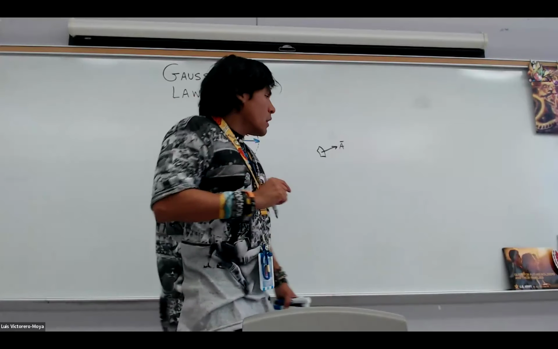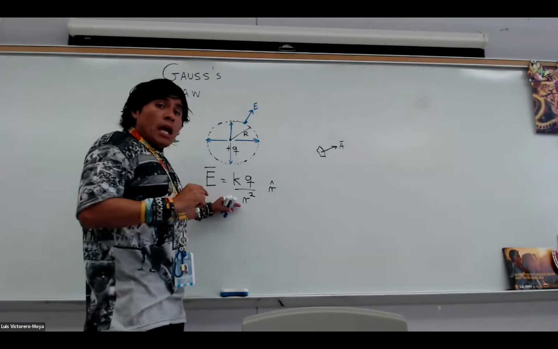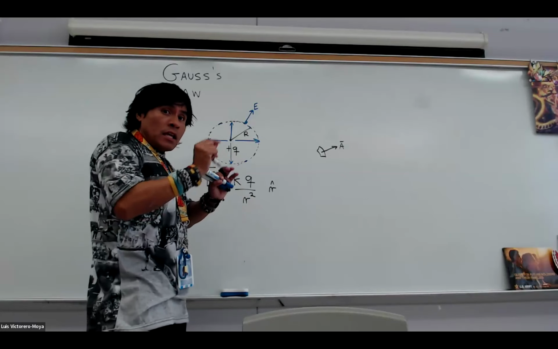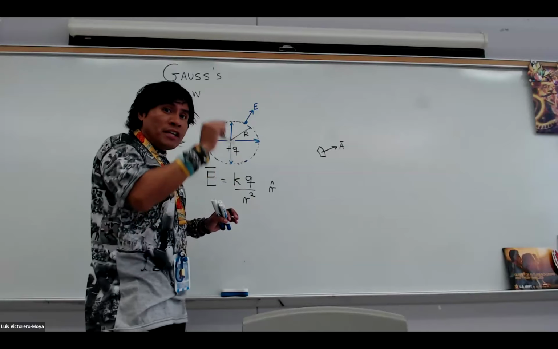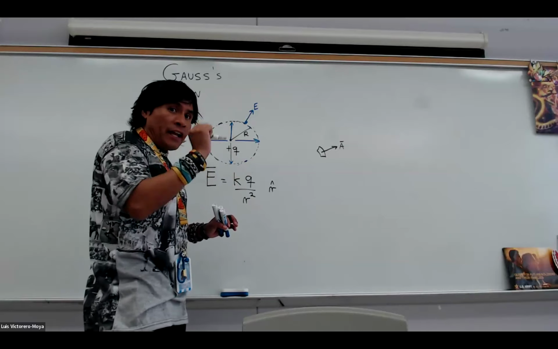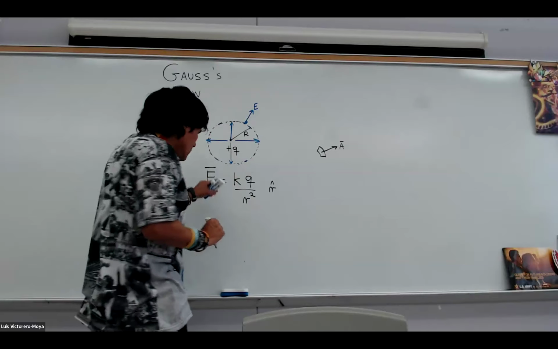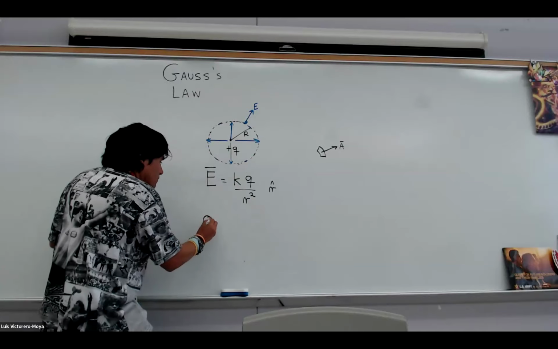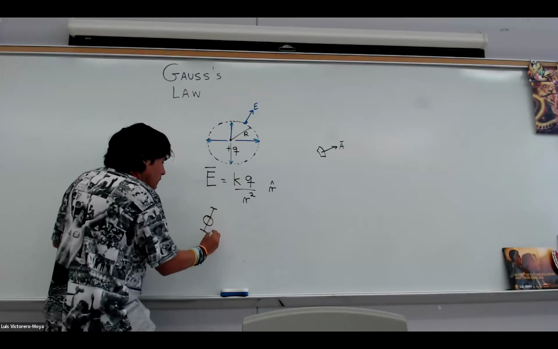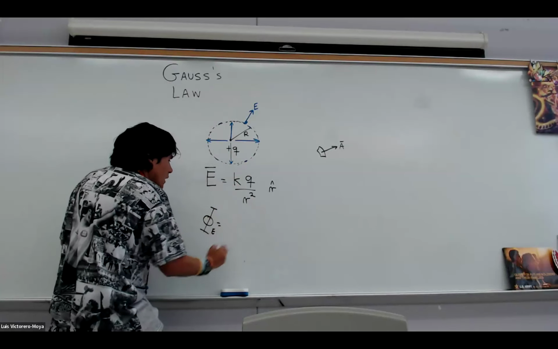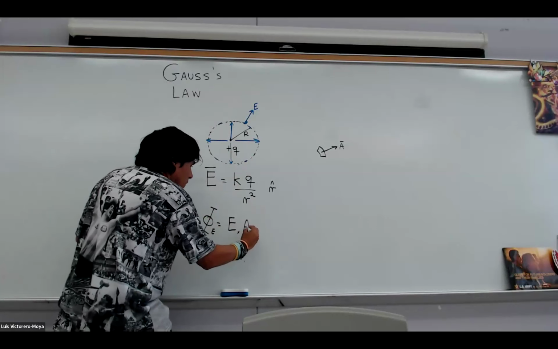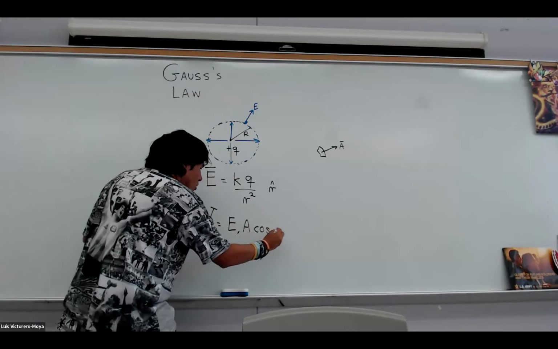But we need this because when we write Gauss's law, you're going to find a dot product between the electric field and the area vector. It comes from this, because the electric flux, which we define with this variable, is equal to electric field times the area times the cosine of the angle in between.